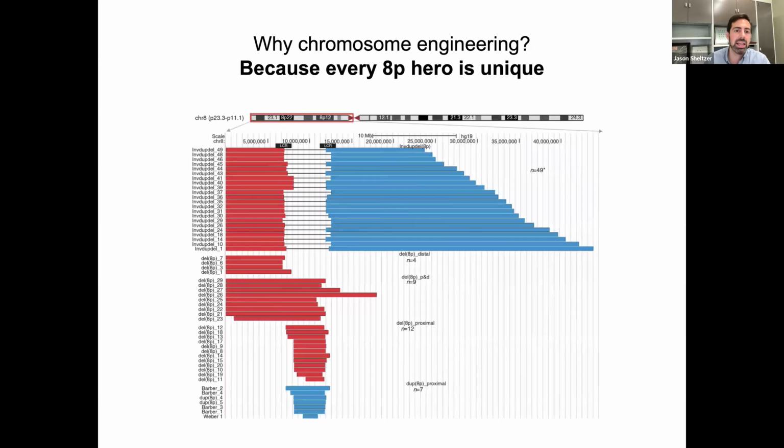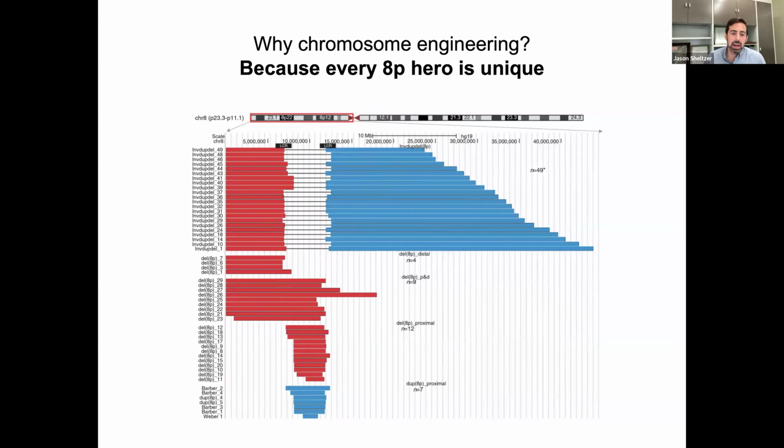So this is a published diagram of the spectrum of alterations affecting the P arm of chromosome 8, with deletions and duplications here you can see around the low complexity region on chromosome 8p.